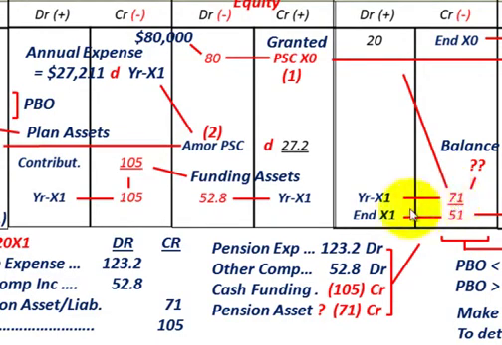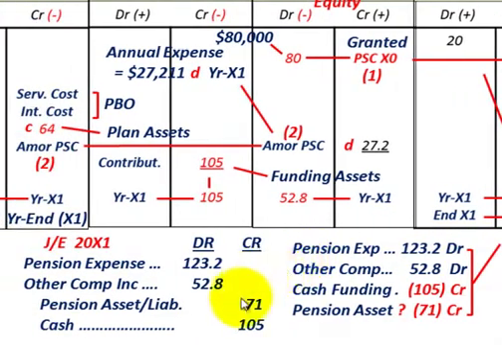So we would credit our pension asset and liability for $71,000, and the last thing was our cash account. We had $105,000 worth of funding, our contributions for the year, so we credit our cash account for $105,000.